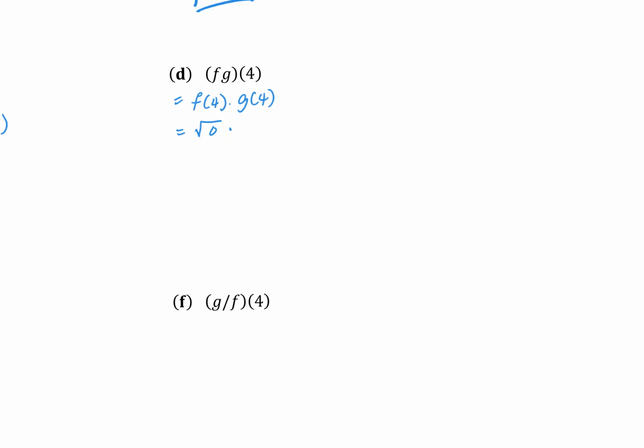My answer is going to be 0, but I'll write it out. Pretend like I'm on autopilot. G of 4 is going to be negative 2 times 4 plus 5, which would be negative 8 plus 5, which is a negative 3. And then 0 times negative 3 is simply 0.